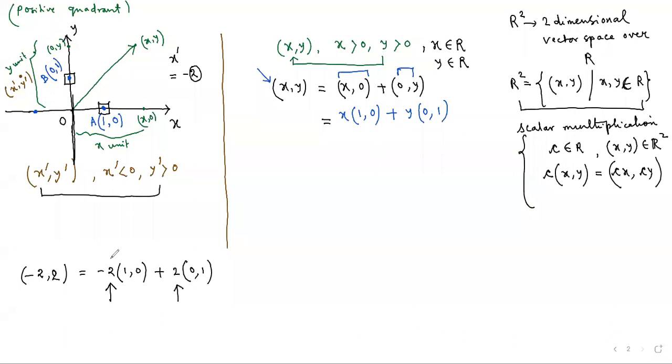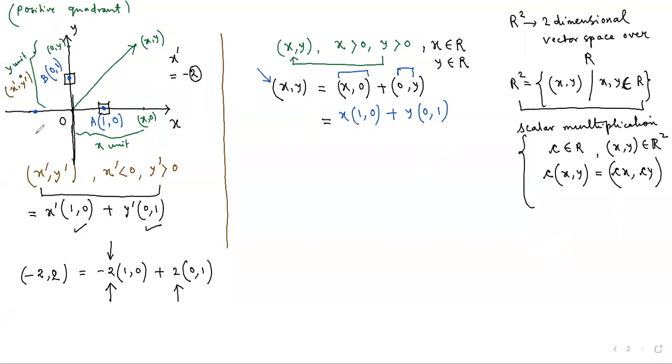If the scalar is itself negative, then we can always represent -2 and 2 in terms of -2 into 1, 0 and 2 into 0, 1. Similarly, the actual representation would be x prime into 1, 0 and y prime into 0, 1. That is all right. So we can still represent the point in the second quadrant by 1, 0 and 0, 1.